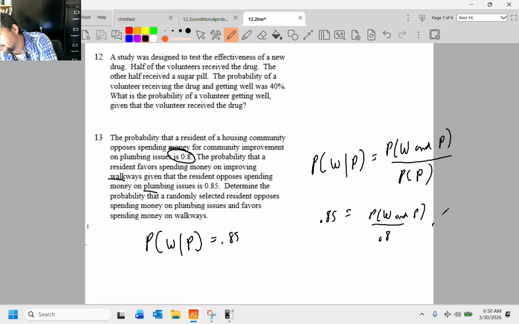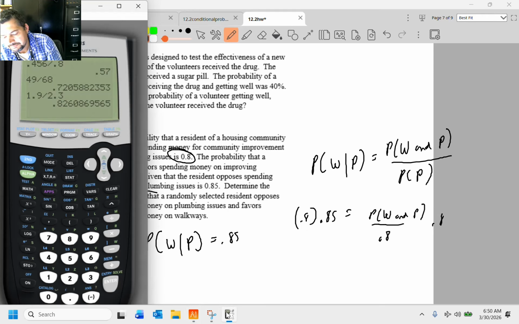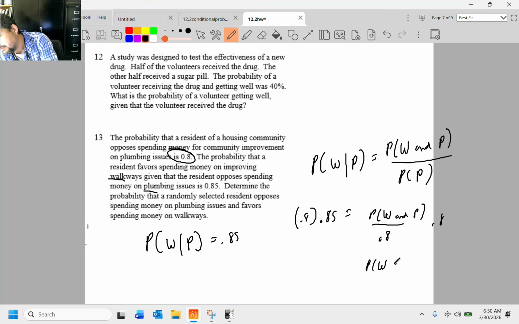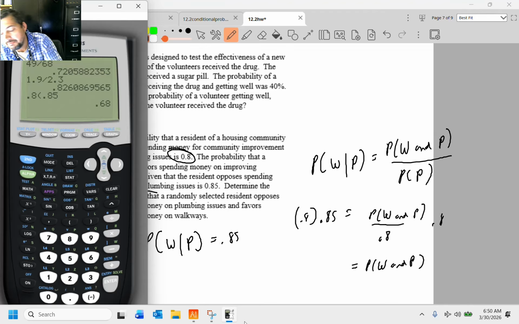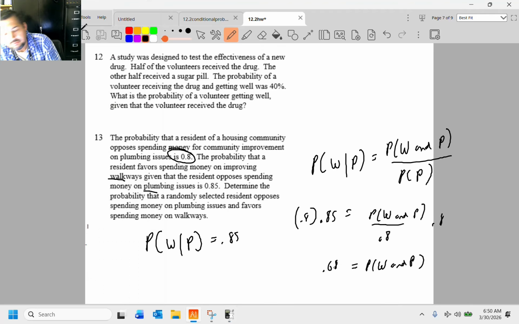Now all we have to do is multiply both sides by 0.8, and this is done. 0.8 times 0.85 is 0.68. So the probability of W and P, supporting improving the walkways and opposing spending money on plumbing, is 0.68 or 68%.